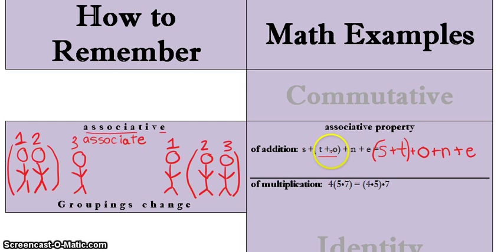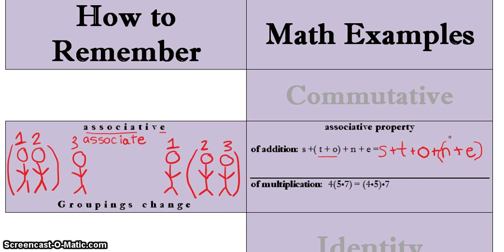Instead of T and O grouped together, now S is grouped with T. Your parentheses could also be placed here. Instead of T with O, now O is hanging out with N. And finally, there's one more place you could put your parentheses, and it's around N and E. Instead of T being grouped with O, you could have also grouped the N and the E together.